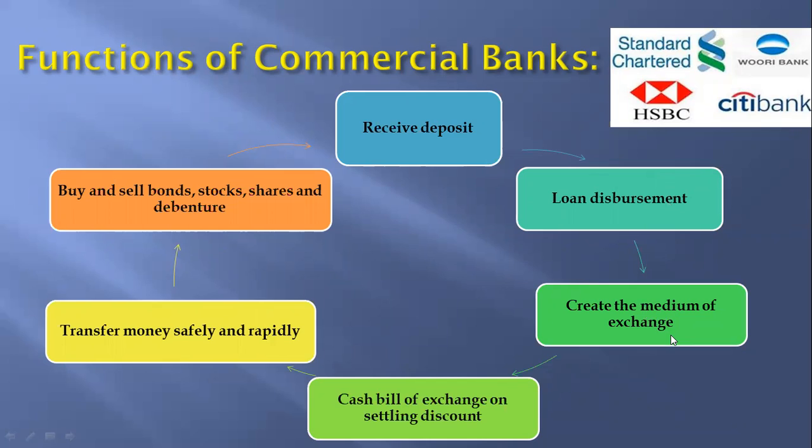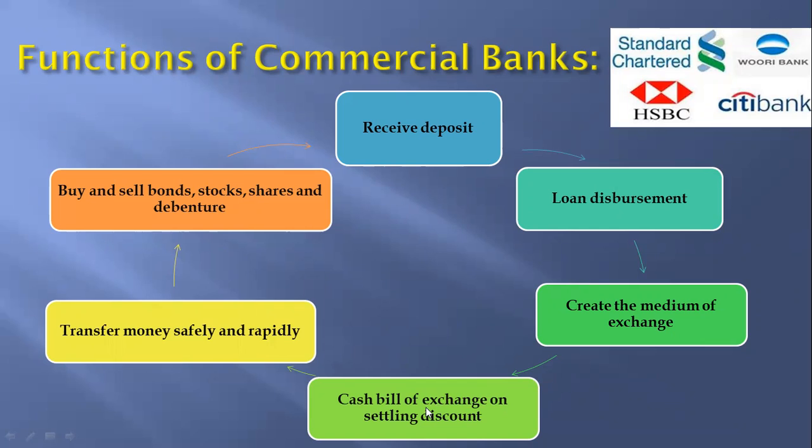One of the main duties of the commercial bank is to create the medium of exchange. Though the authority of introducing paper notes is possessed only by the central bank, the commercial banks create media of exchange like check, bank draft, hundi, traveler's check, etc.